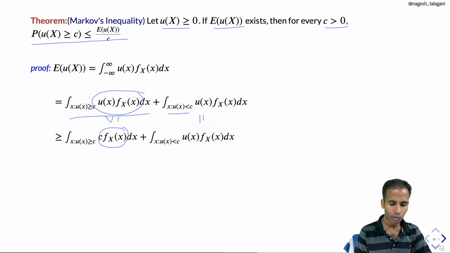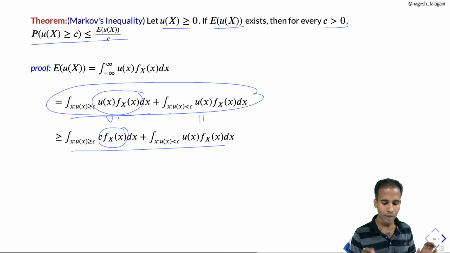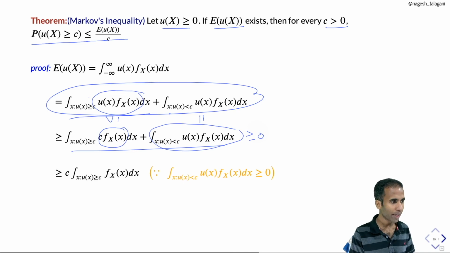So that's why this sum is going to be bigger than or equal to this sum. Next, we can write this c out, and this integral is going to be non-negative because u(x) is non-negative, the PDF is non-negative, and the integral of a non-negative function is again non-negative. So if we want to get rid of this, we can write like this. Still we can write this inequality.